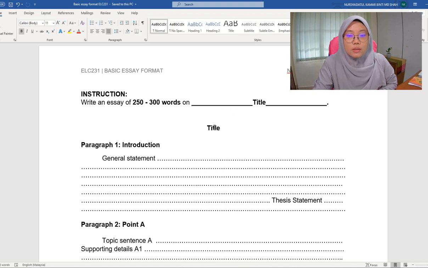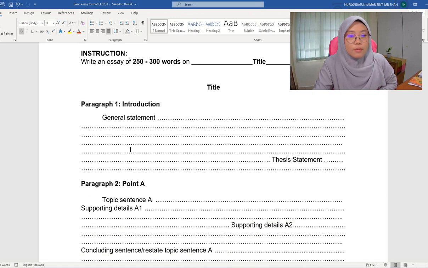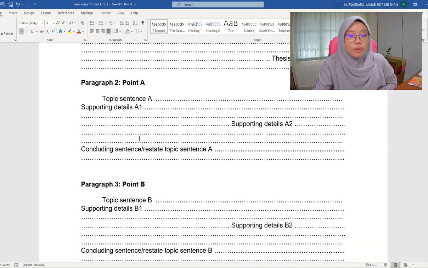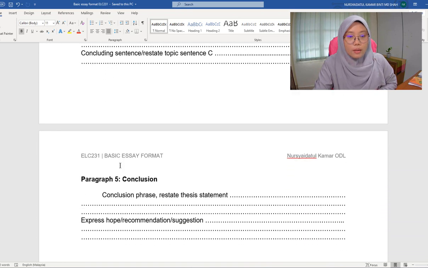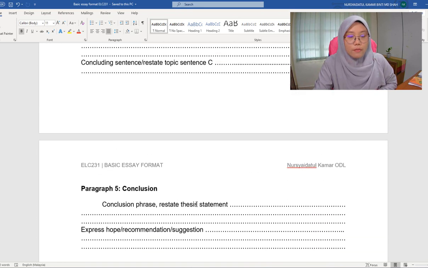So you put the title over here. Now, the basic format of this essay is that we are going to have 5 paragraphs: paragraph 1, paragraph 2, paragraph 3, paragraph 4, and paragraph 5.